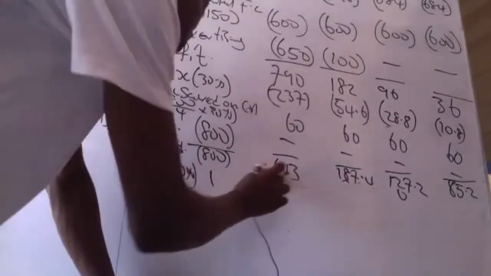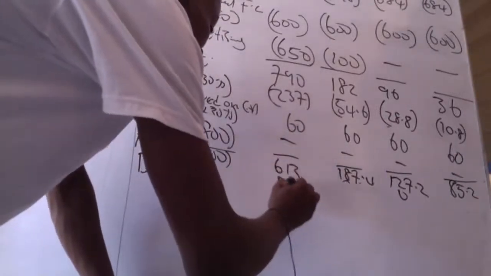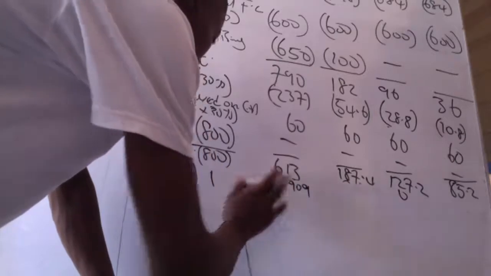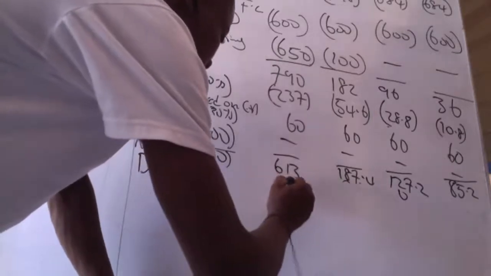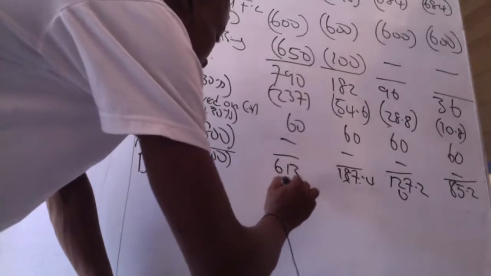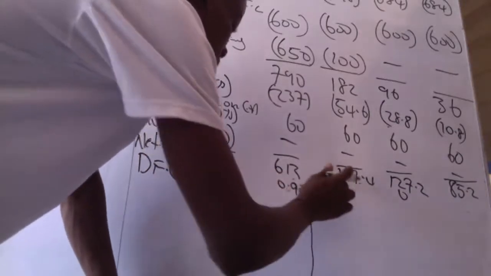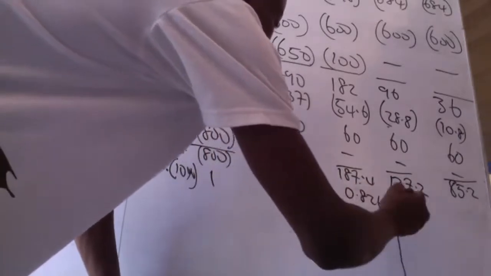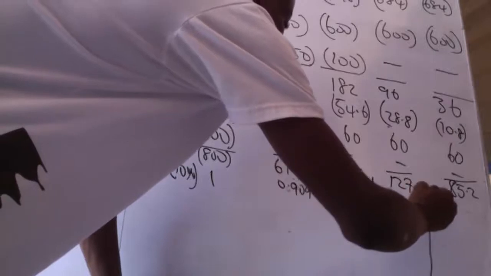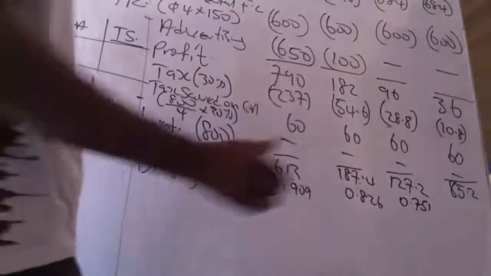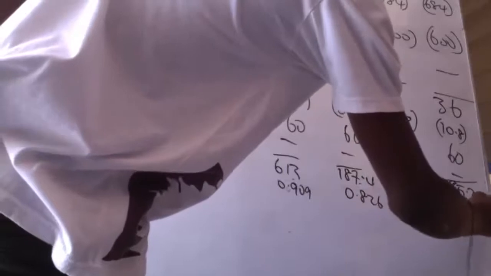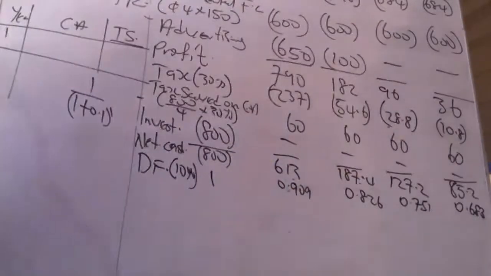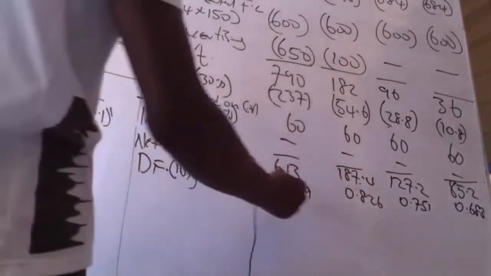So year 1 will be 0.909, and then 0.826, and then 0.751, and then 0.683. Is that so? Then you underline it and then we are done.